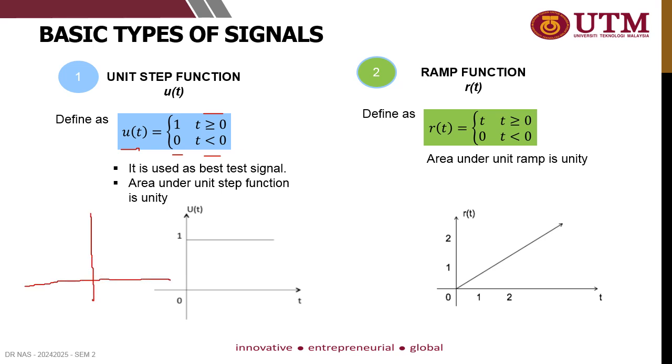So the amplitude will always be 0 when t is less than 0, and the amplitude will always be 1 when t is larger than 0. So this is u(t) and this is t.